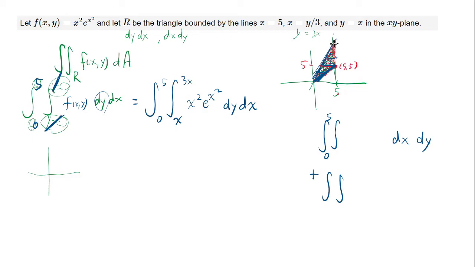And what is this point? This equation is y equals 3x, so when x is 5, y would be 3 times 5, so this point would be 15. So from 5 to 15, you would have another expression.